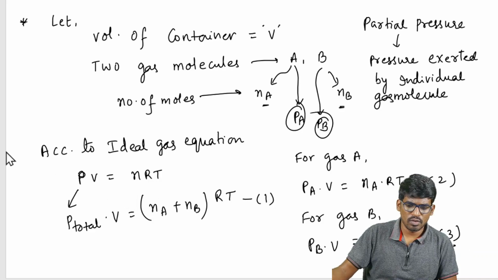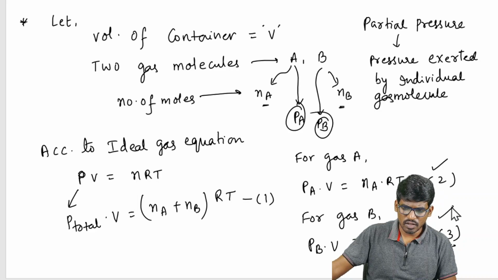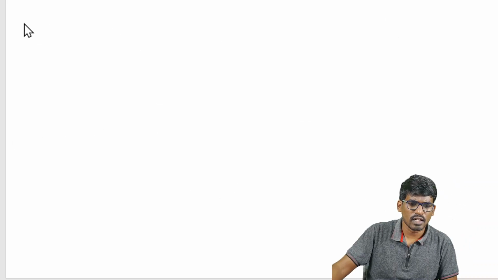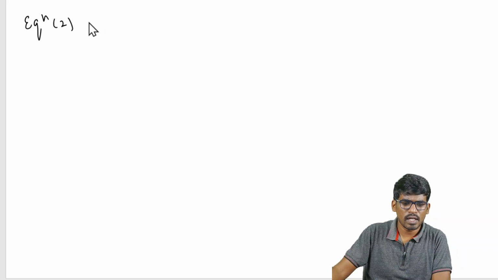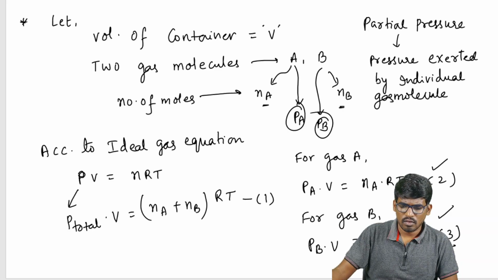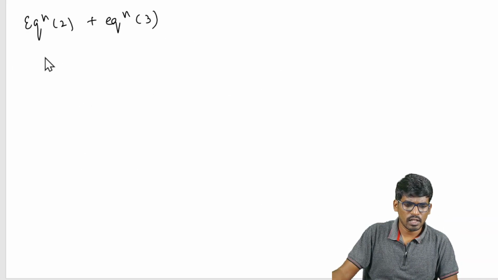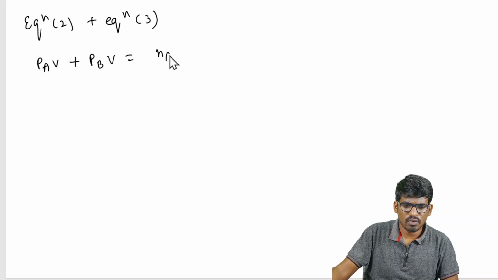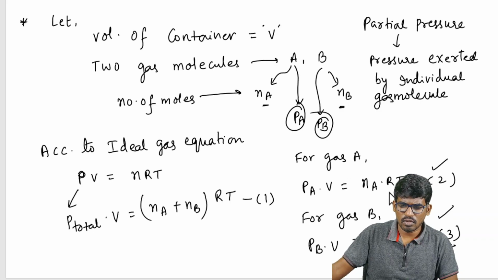Now what we are going to do is add equation 2 and equation 3. Equation 2 plus equation 3 gives PA V plus PB V is equal to Na plus Nb times RT, because RT is taken as common.